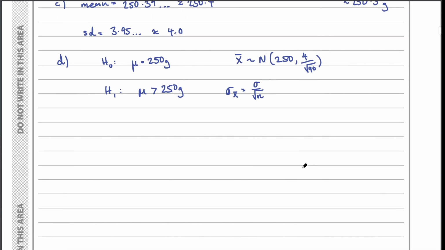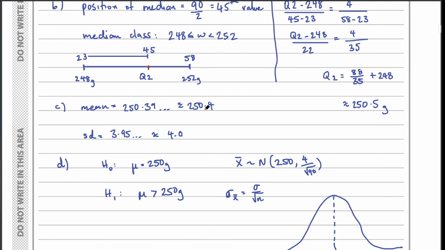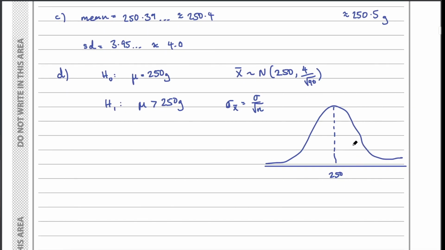So what we're talking about here is a normal distribution with a mean of 250, and we had a mean for our sample of 250.4. So I don't know where that would be on this normal distribution.